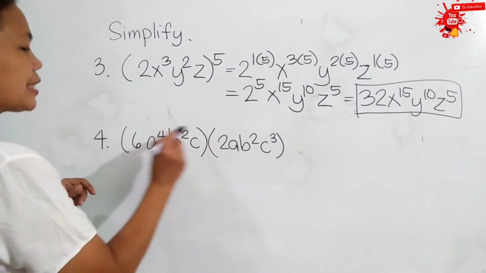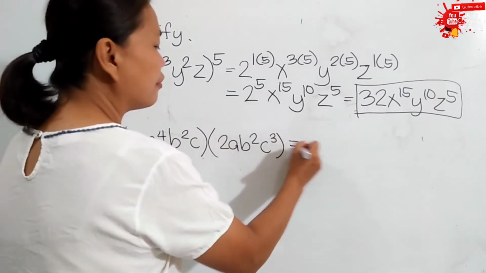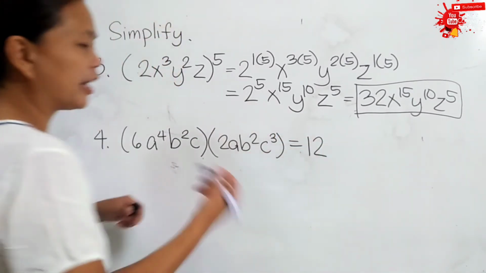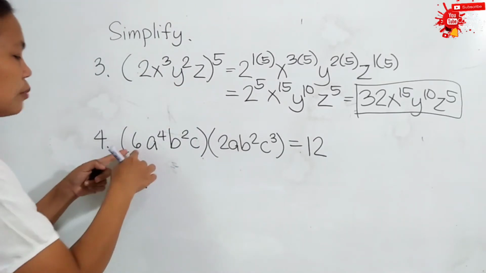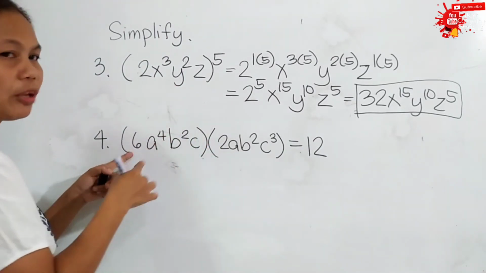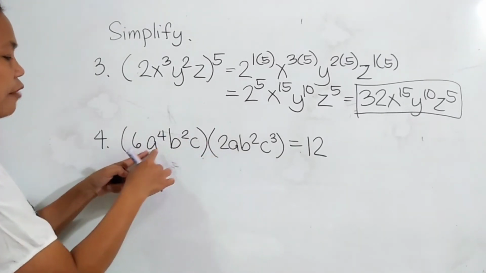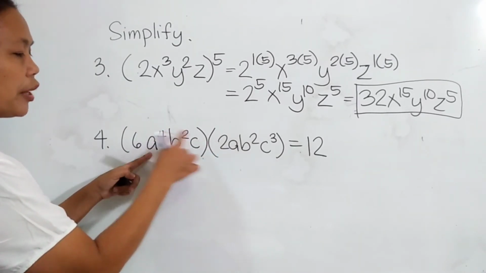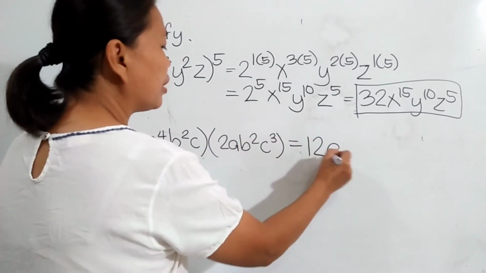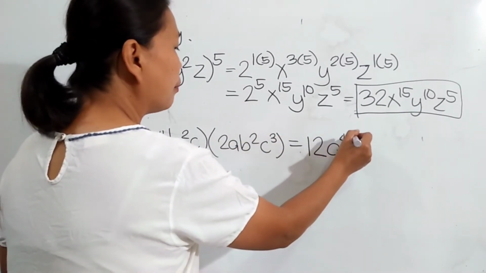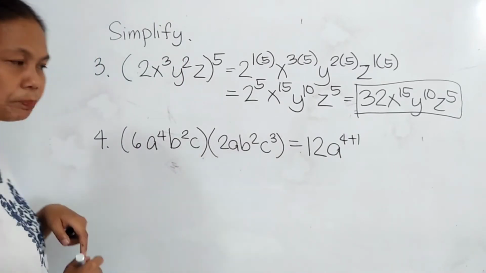Okay, so what is 6 times 2? So we have here 12. So again, 12 came from 6 times 2, multiplying the numerical coefficient. Then we have here a to the 4th times a, so it will be a raised to 4 plus 1.